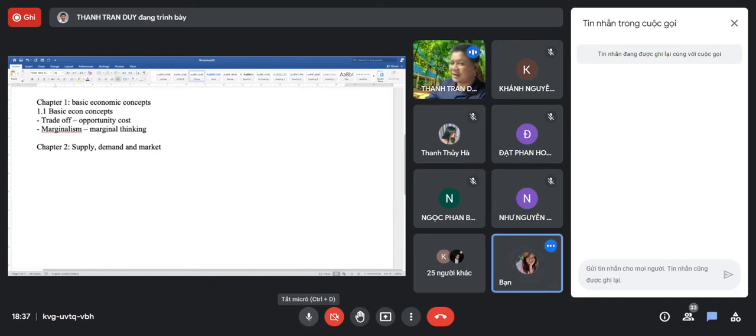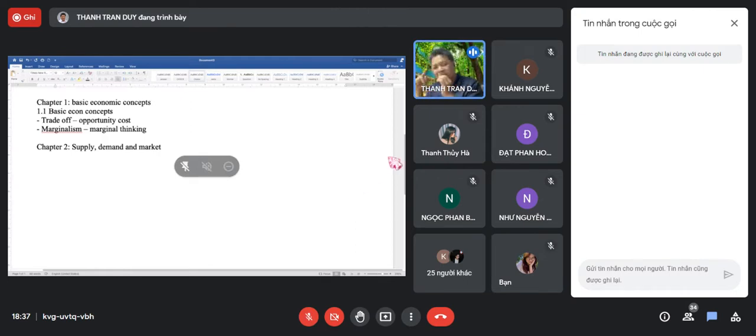No, not that marginalism. Now, marginal. What does it mean by marginal? Marginal means additional.